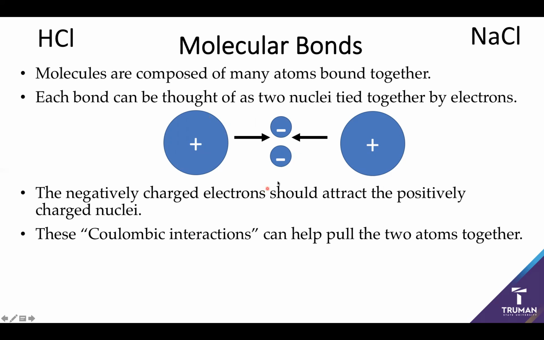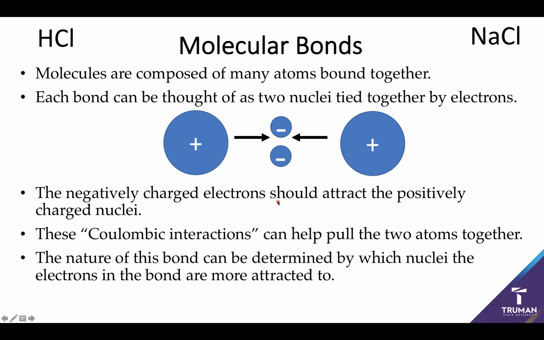So what we're really relying on here is the Coulombic attractions to pull together these two atoms. However, the real nature of how these two atoms are tied together depends upon where these electrons are. Are they strictly in the middle of the two nuclei? Are they closer to one nucleus? Or are they really just on one nucleus and this guy just follows along?